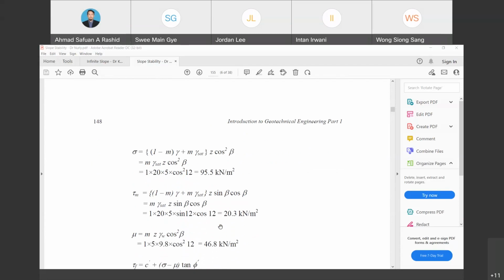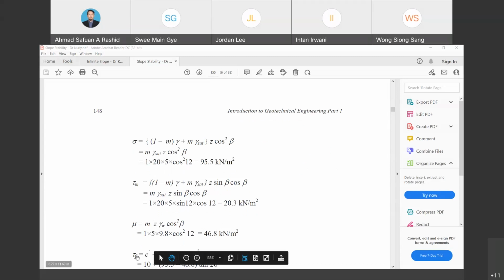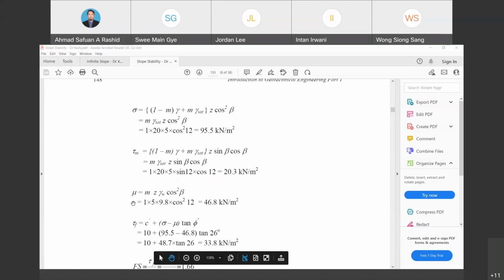Then it is better for us to solve the tau f first. We calculate for the nu, where nu is m z times unit weight of water times cos square beta. So 1 times 5 times 9.8 times cos square 12. We obtain 46.8, that is for nu. For the tau f, c plus sigma minus nu tangent phi, we obtain 33.8 for the tau f.